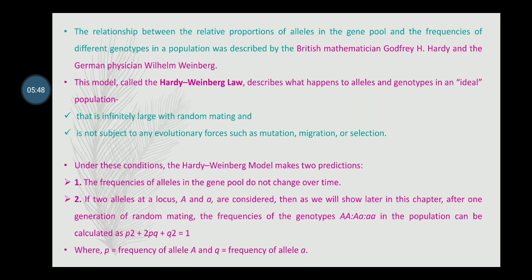Q square is the genotype small a small a, that is the homozygous recessive, and 2pq is the heterozygous genotype, that is capital A small a. Therefore, the frequency of the dominant or wild type allele capital A is p, and the frequency of the mutated recessive allele small a is q.